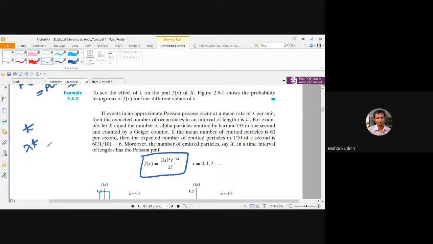Say in a matchbox, a stick can have lifetime lambda, and there are t sticks. So they will have total lifetime lambda t. Am I right? If one burns for 2 seconds, 5 will burn for 10 seconds, right? Yes, sir. So it will be multiplied. In this case we have to use this formula.